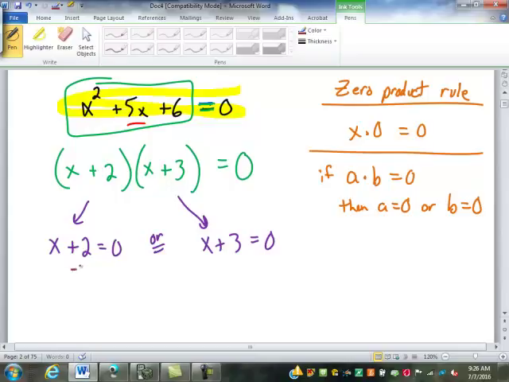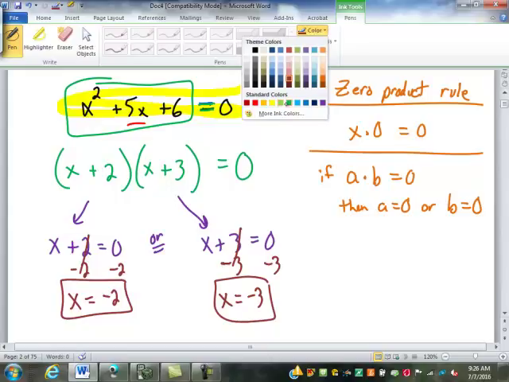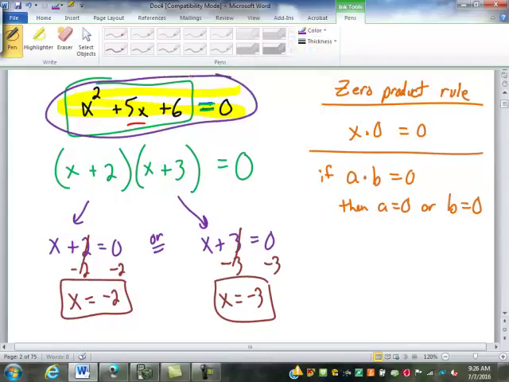Over here, we're going to subtract 2, which would tell us that x could equal negative 2. Over here, what would we do to solve this? Subtract 3 would give us that x equals negative 3. One or both of those is a solution to this equation.